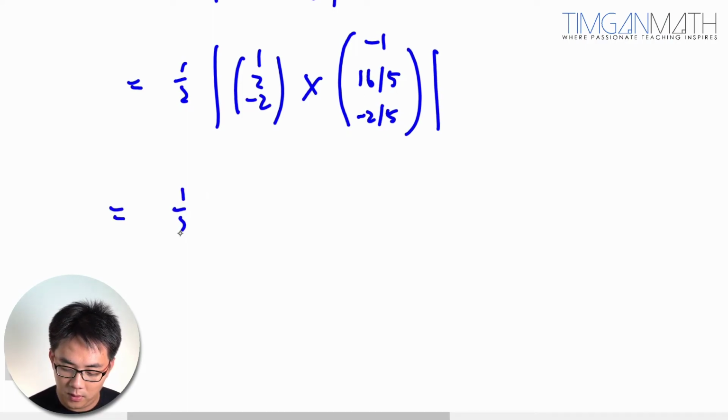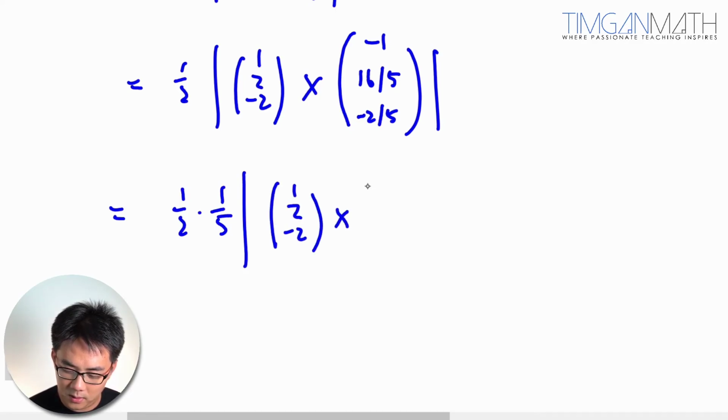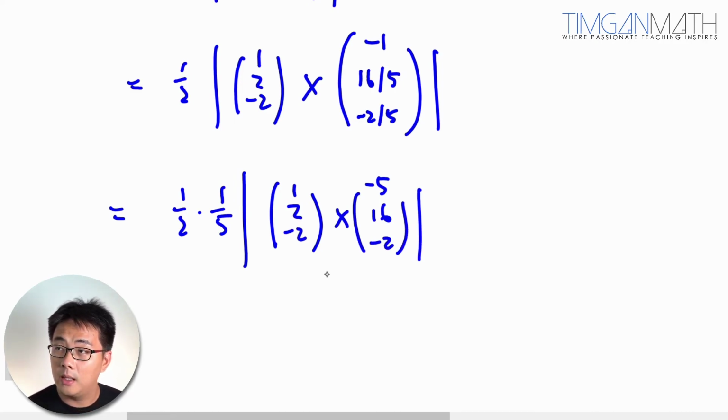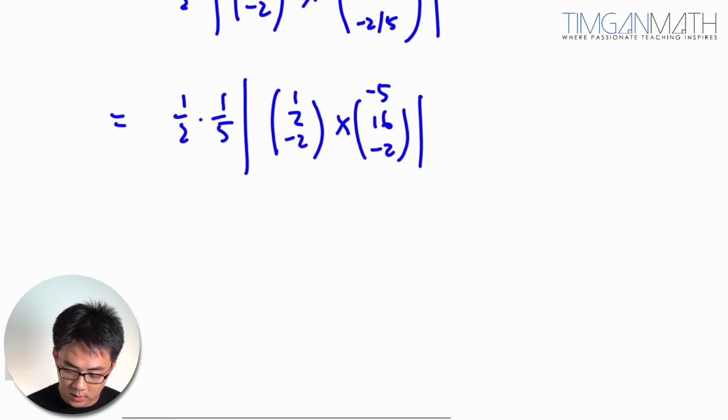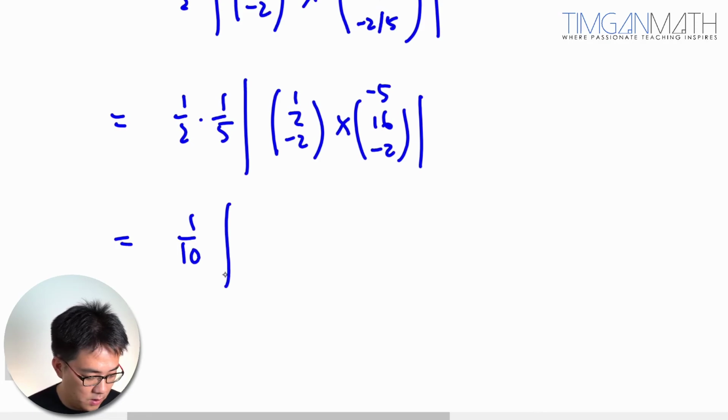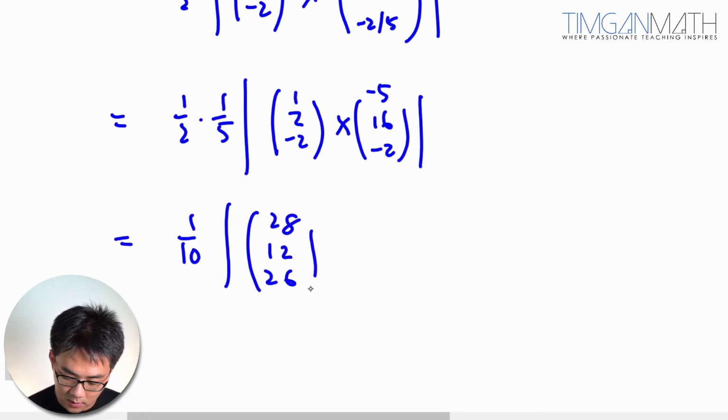So 1/5 times minus 5, 16, and minus 2. Then you just cross multiply. So it's just 1 over 10, 28, 16, 12 over 26.